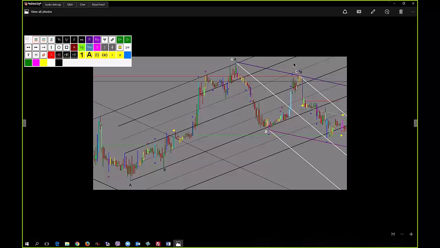As soon as we had that failure, I would say, all right, we've had a failure. We've come back to test the lower channel line. All right, we've bounced off it. We've come back up. We've failed to go any higher. So now the market's saying it's a slight change in behavior with that failure. So with that, I would draw on the trend channel.